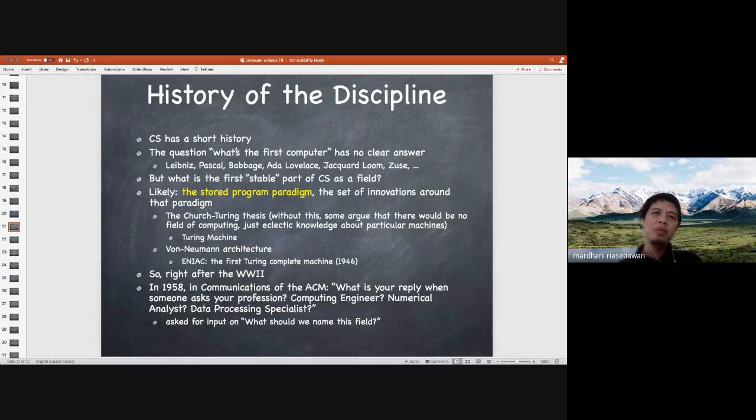Computer science can be a profession, computer engineering, numerical analysis, data processing specialists, and so on. Let's say like history, those are the subjects.